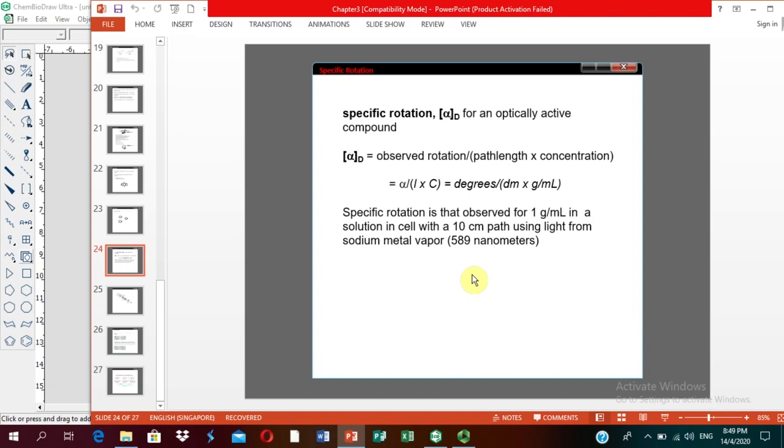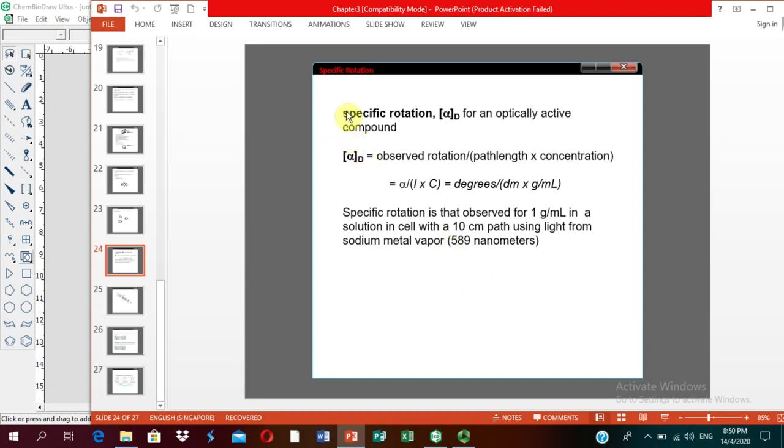You have 50% of positive configuration and 50% of negative or R configuration. So this is balanced. So that's why you will not get the value.